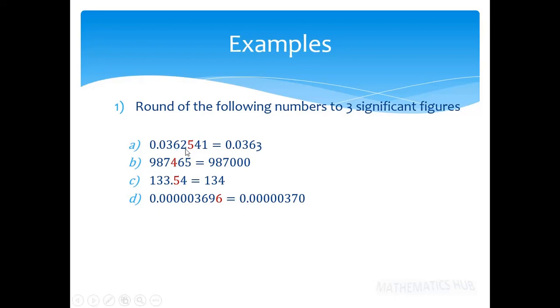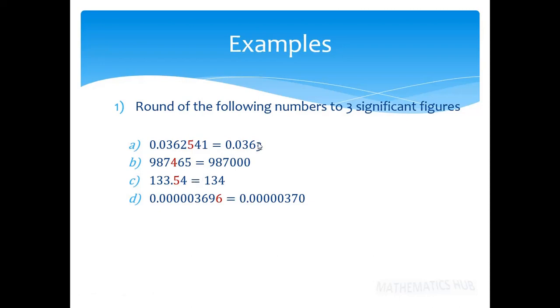Then we look at the next number, which is 5, and because it's 5, we add 1 to 2. Our answer will be 0.0363. If you can recall from our previous lesson, leading zeros are not significant. So our answer clearly has 3 significant figures, and that is 3, 6, and 3.